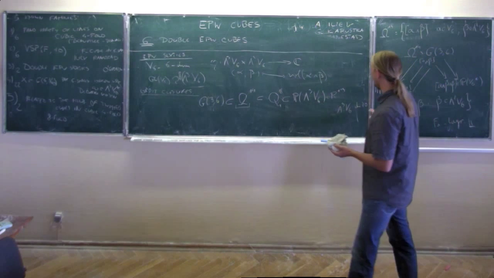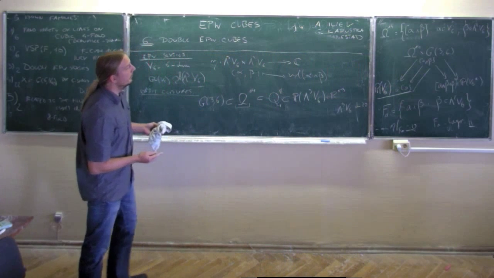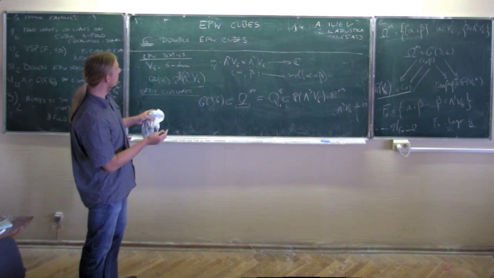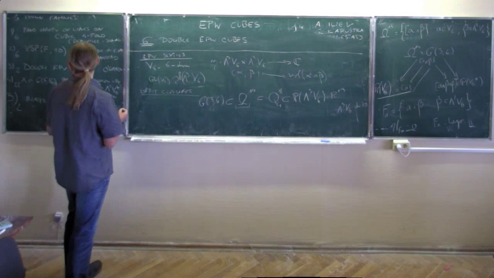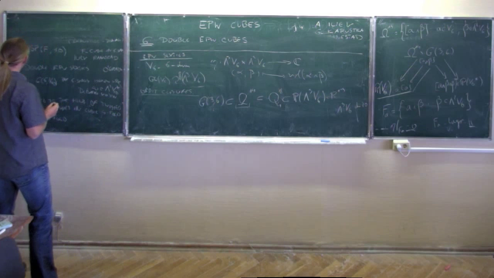This is defined for each a. So we have a family of Lagrangian spaces. And then to construct the EPW sextic, we need to choose one more Lagrangian, a general one.